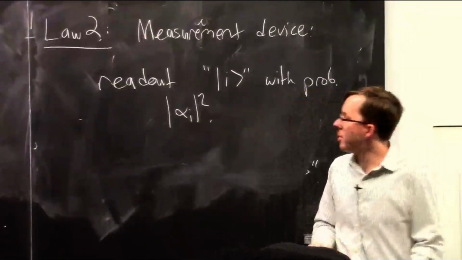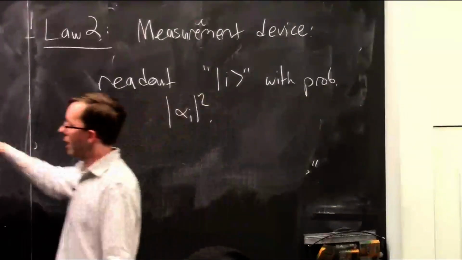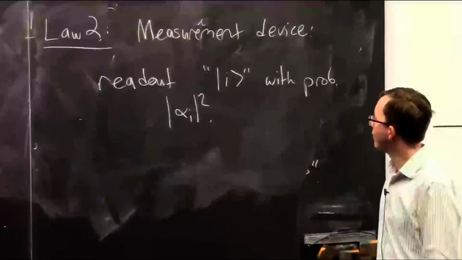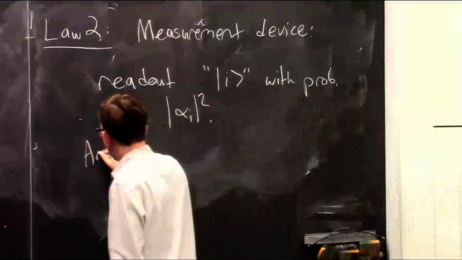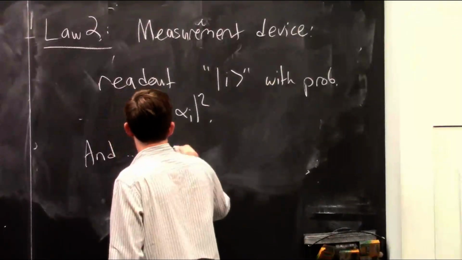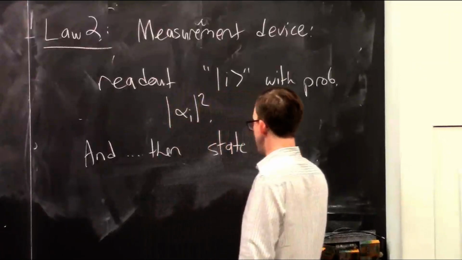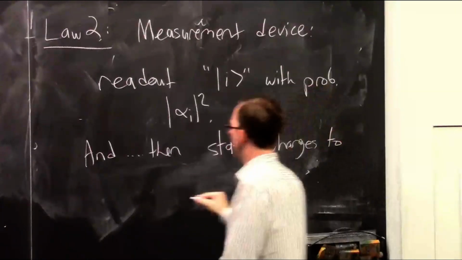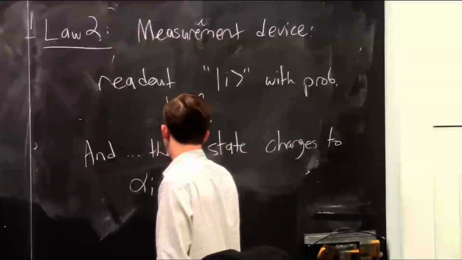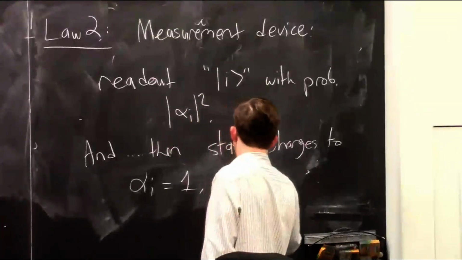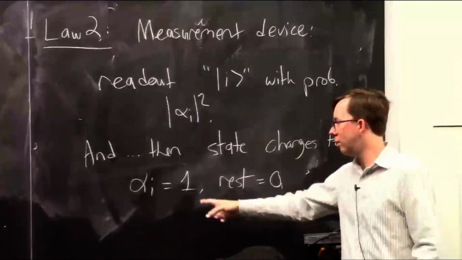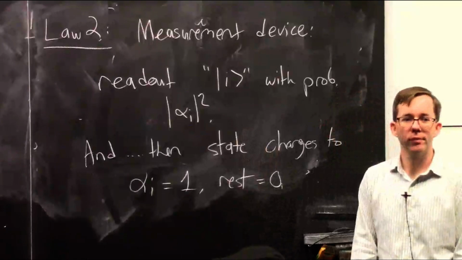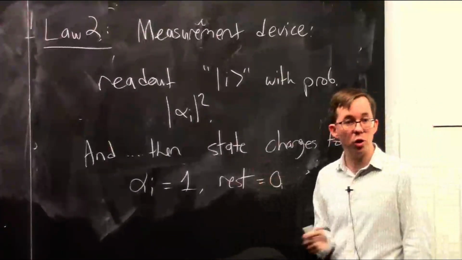Again, that makes sense because this is a non-negative number, and all the probabilities add up to 1. And when this happens, the state collapses to alpha i is 1 and the rest are 0. That's the new state, all of its amplitude on the outcome that was measured. So this is just the higher-d generalization of the qubit case.